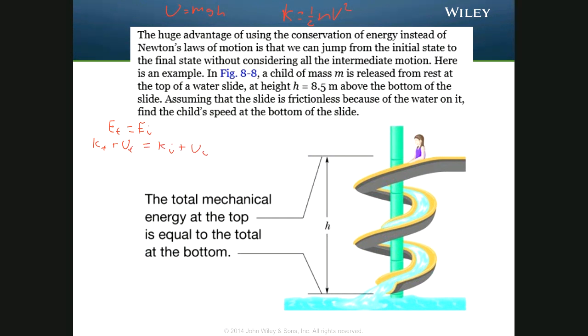Now we know the child starts from rest, right? So the initial kinetic energy is 0. And we know that the final position is down here at the water. We can call that 0. So the final potential is equal to 0. And then this simplifies in this particular problem to K final equals U initial.